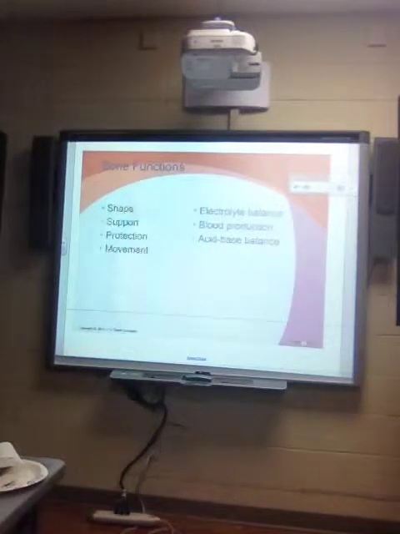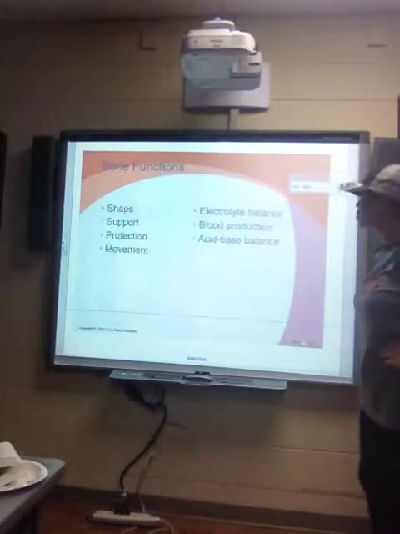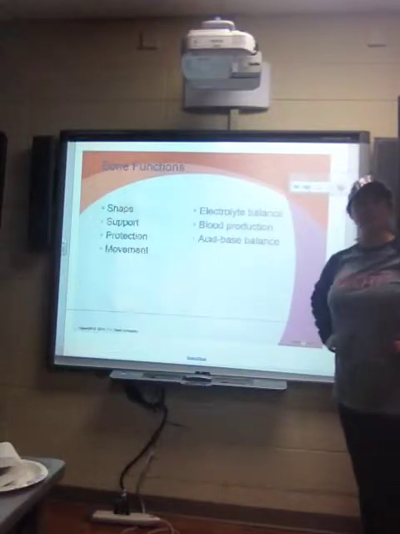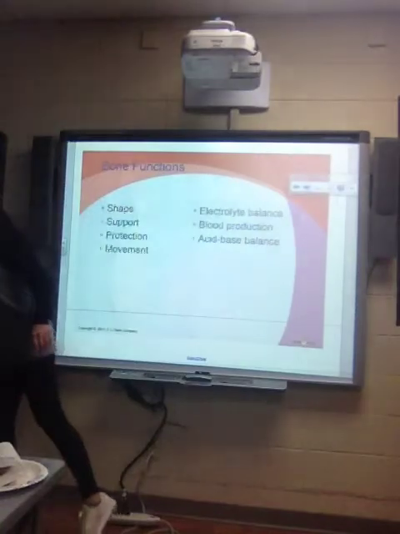You do want to know some of the functions of the bone, so the shape will kind of predict what its function is, as well as the support. So we use this to hold us up, so we won't be some big lump mass of tissue laying in a chair. Protection, particularly our flat bones, help for protection.